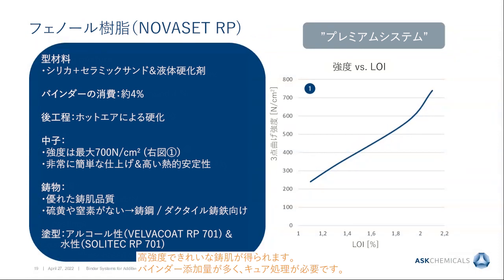And since it doesn't contain any sulfur or nitrogen, it's very suitable for steel or ductile iron castings. And we can also provide coating solutions for this system as well, which can be alcohol-based, like the Velvacoat RP701, or water-based, like the Solitec RP701.